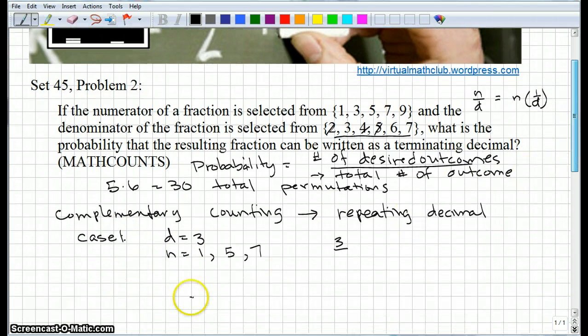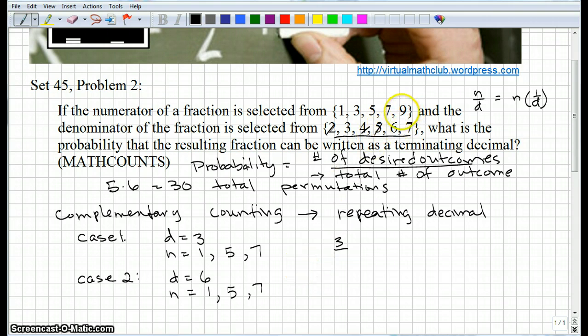Let's look at another case. Case 2, where the denominator is 6, the next one that's going to give us a repeating decimal. If we look at the numerators, 1/6 is a repeating decimal. 3/6, that's just a half, so that's not repeating. 5/6 is repeating, and 7/6 is repeating.